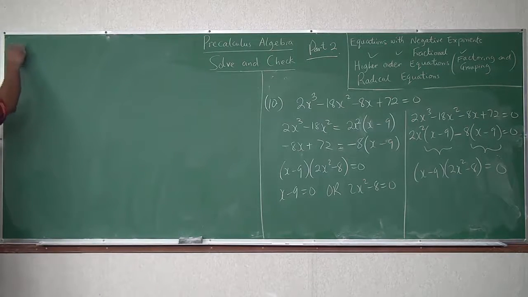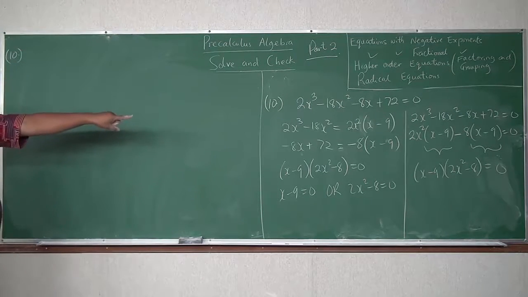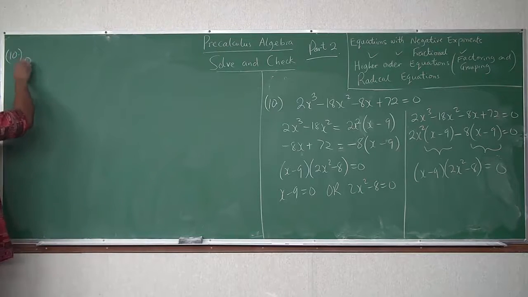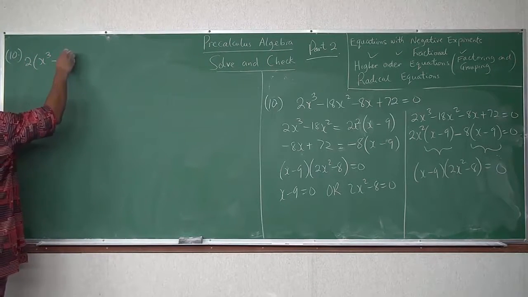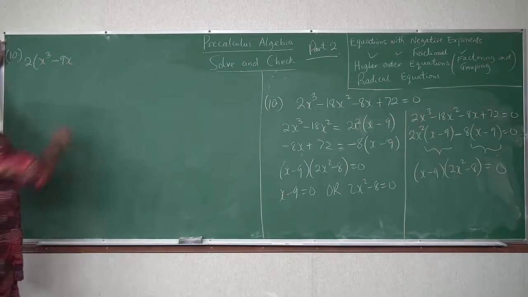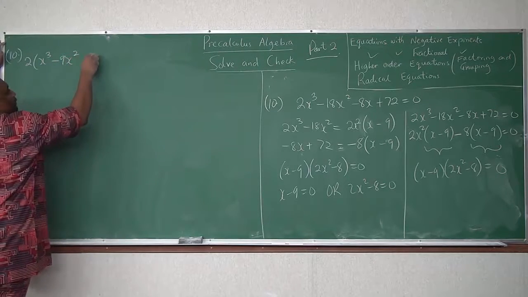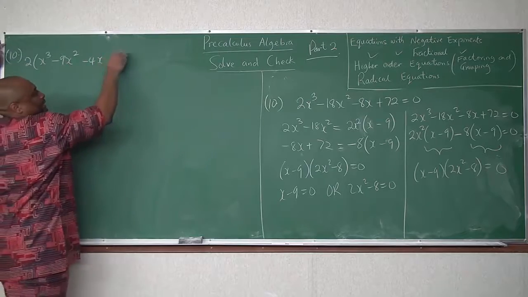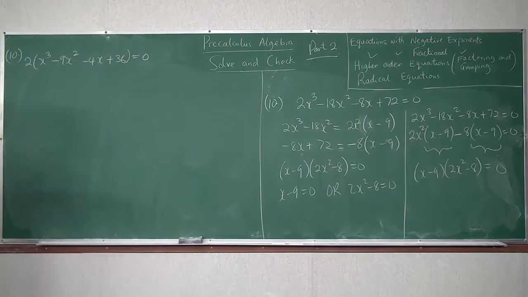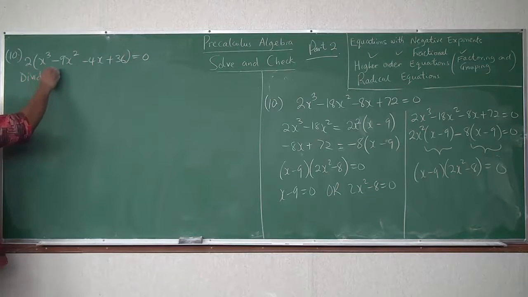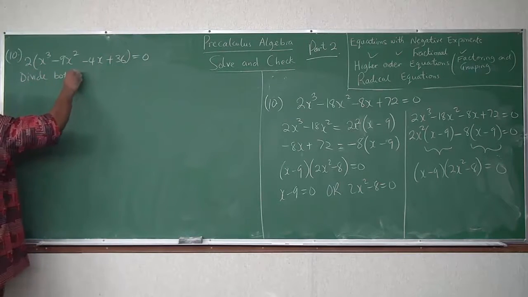So we are still on question 10. The GCF there is 2. So this is 2x cubed minus 9x squared minus 4x plus 36 equal to 0. Now you divide both sides by 2. This is the way I would prefer you to do this.